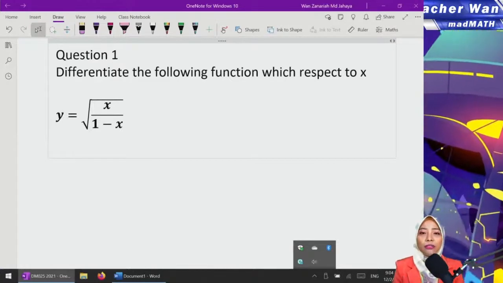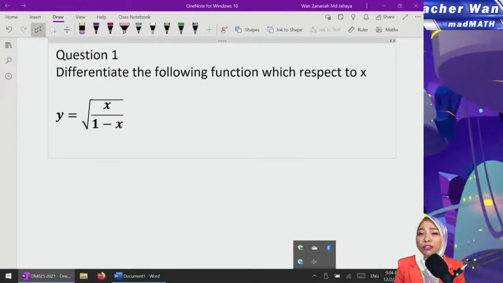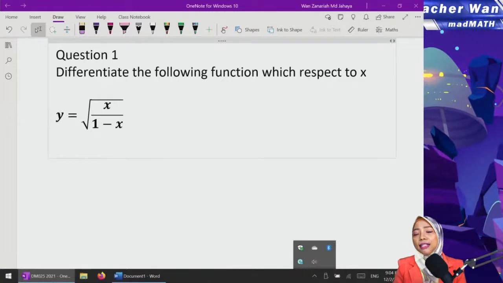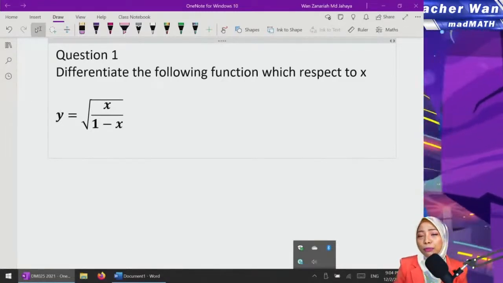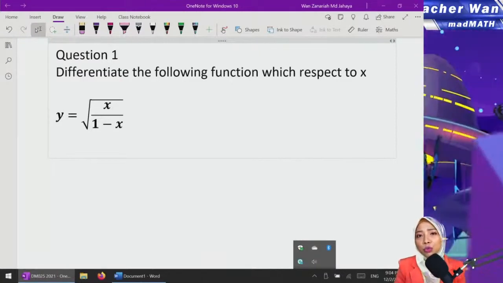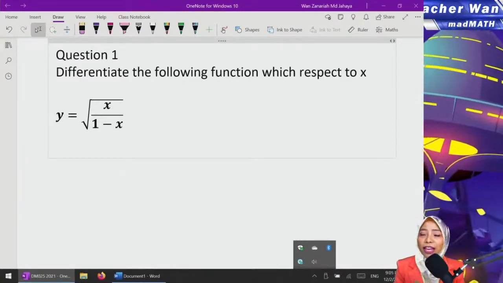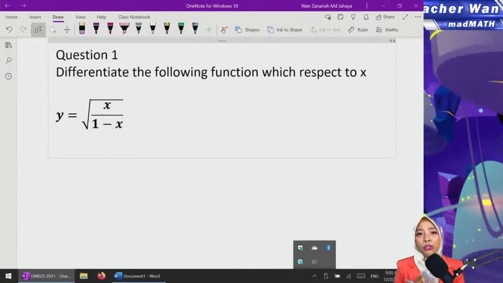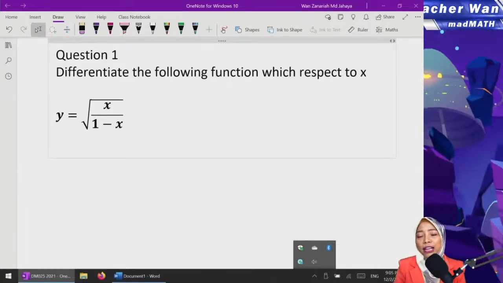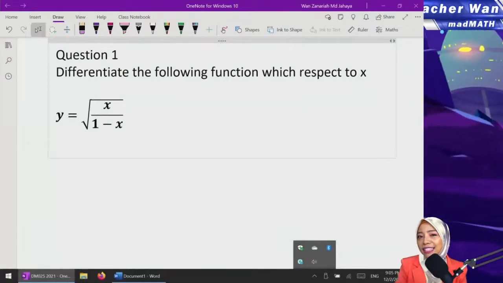You have been doing a lot of exercises on the product rule, chain rule, and quotient rule. But I find that some students have problems simplifying and getting the final answer correctly. So tonight we are going to discuss that kind of question until you get the final answer exactly.